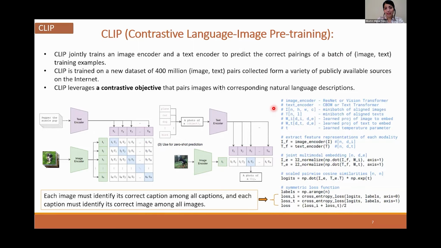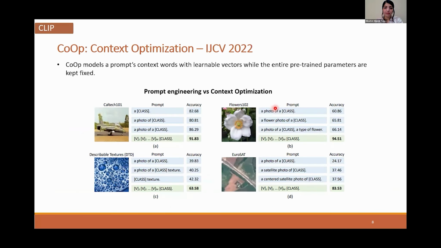But there's a problem. It's not that simple. Here you can see the examples. Caltech is one of the popular benchmarks for image recognition. You can see that in this dataset, adding the 2 words "photo of" before the name of the class reduced the performance by 2%.